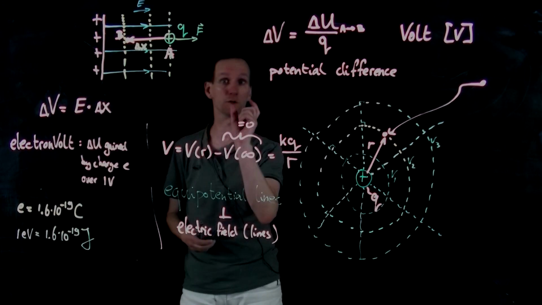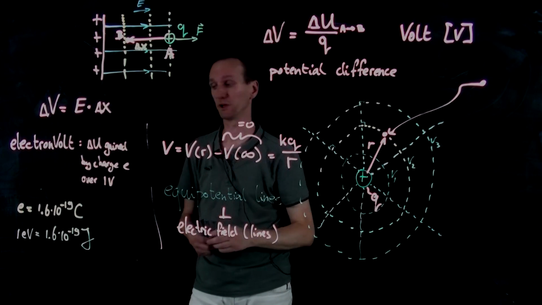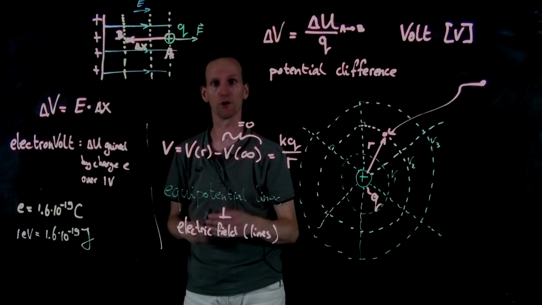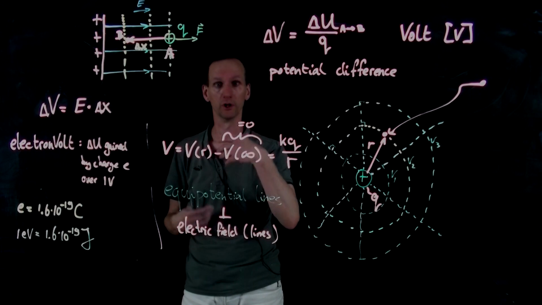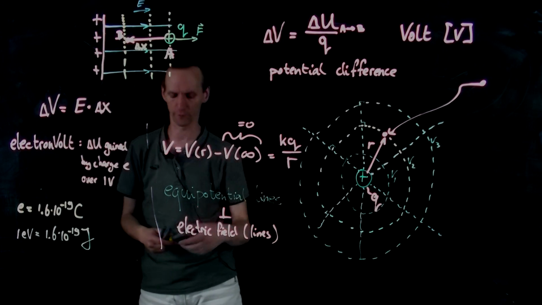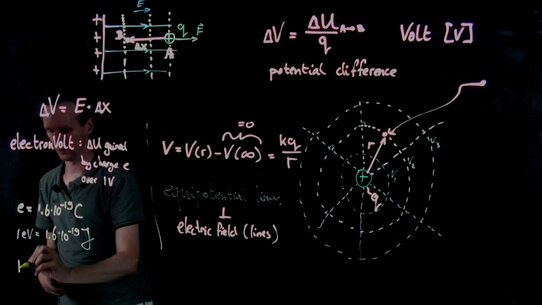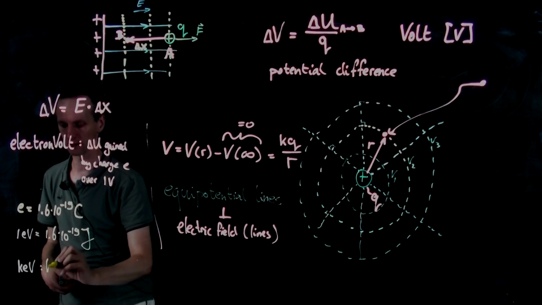So this is a very small amount of energy, 10 to the minus 19 joule. But on the other hand, 1 volt is a very common quantity, so we often calculate in volts. Now in electron microscopy, we may also work with kilovolts, so thousands of volts. And in this case, we often also talk about a kilo electron volt, abbreviated as keV.